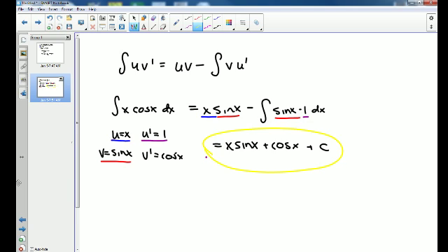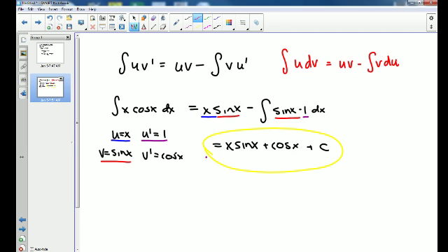Okay, I was taught this differently. I was taught it with a slightly different way to write it, and it was easier for me to remember. I was taught the integral of u dv equals uv minus the integral of v du.